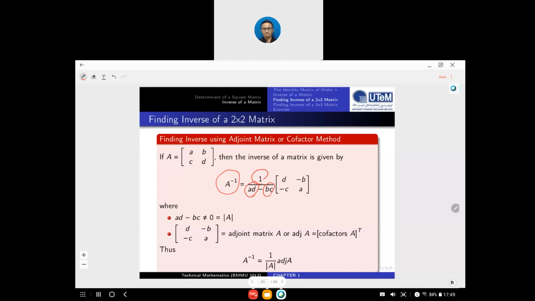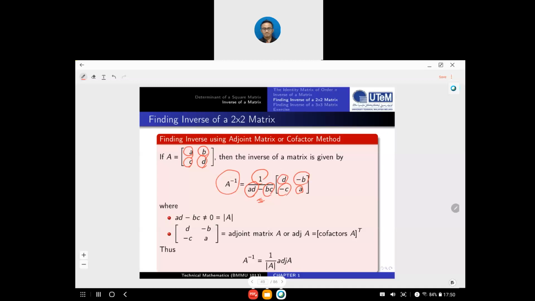Okay. A times D minus C times B, yang ni awak kena tukar. Okay, A you change with D, and then B become negative and C become negative. So you can get A inverse.